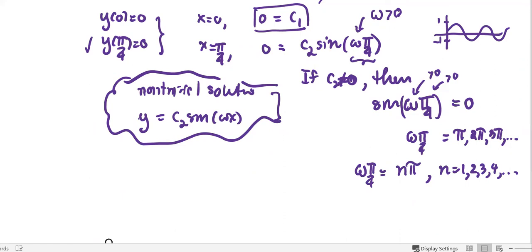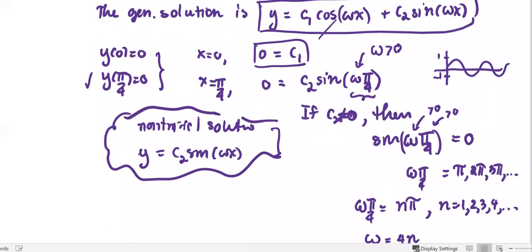So our goal is to find lambda, right? We're going to use omega to get to lambda. As you multiply all by 4 and divide by pi, you get omega equals 4n. And what is the relationship of omega and lambda? Let's go back up a little bit.